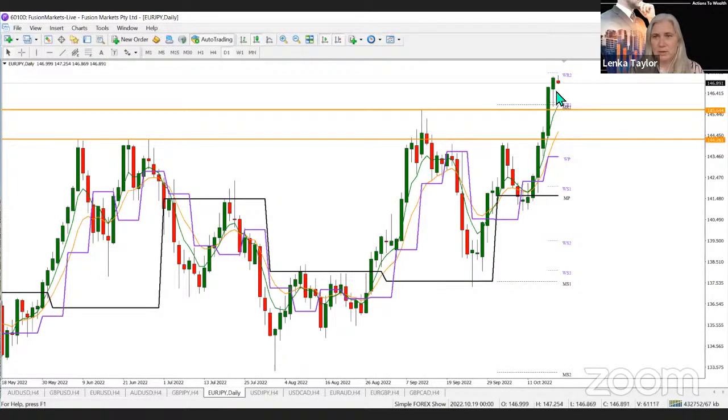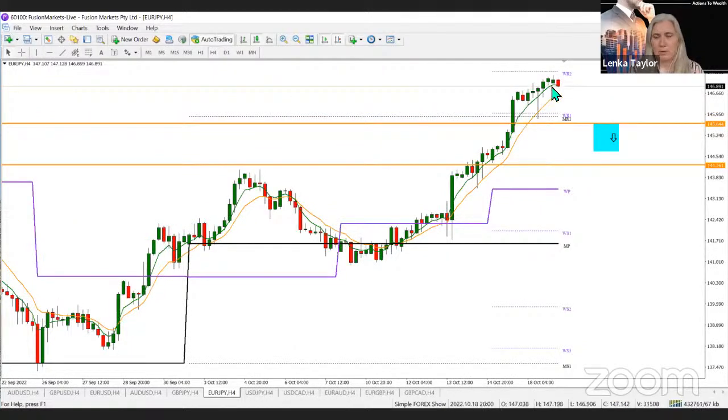On the daily, I would need another 2 candles, so that's 2 days worth of price action, to see if it does close below that level. On the 4 hourly, obviously that's going to take quite a few more candles. But in general, it might even pop above that weekly resistance and then come back below, but really I'm looking for it to come underneath that level of previous resistance, and then looking for short opportunities after that.